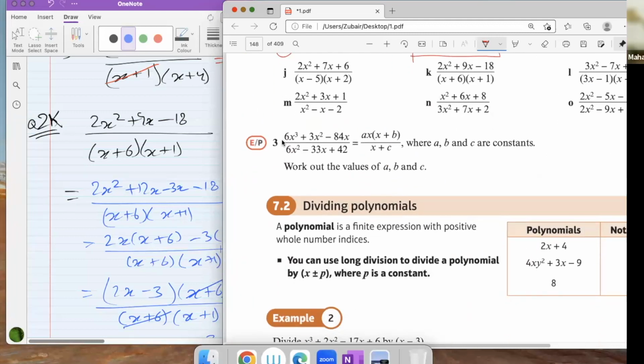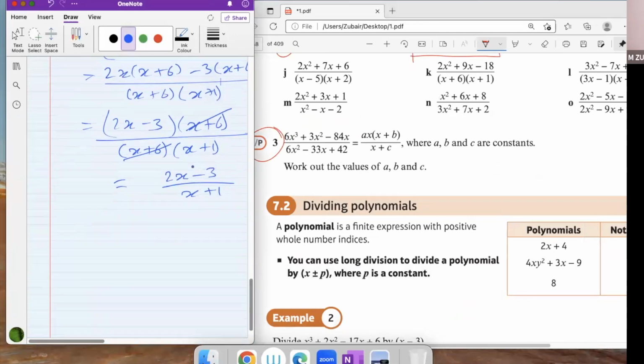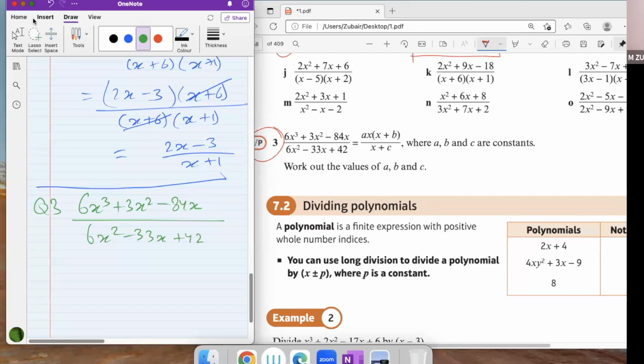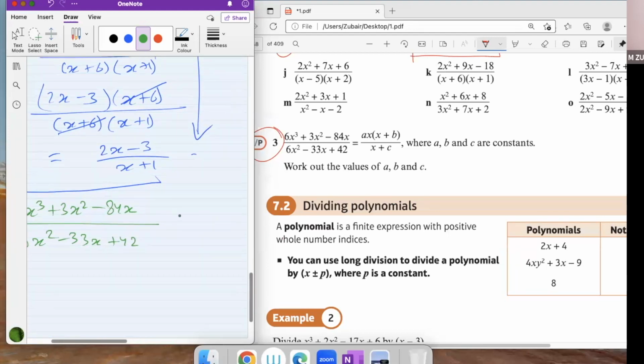Okay. Let's try this question number 3. It gives a different feel. Question 3 says 6x cubed plus 3x square minus 84x over 6x square minus 33x plus 42, and it is equal to ax times x plus b divided by x plus c.